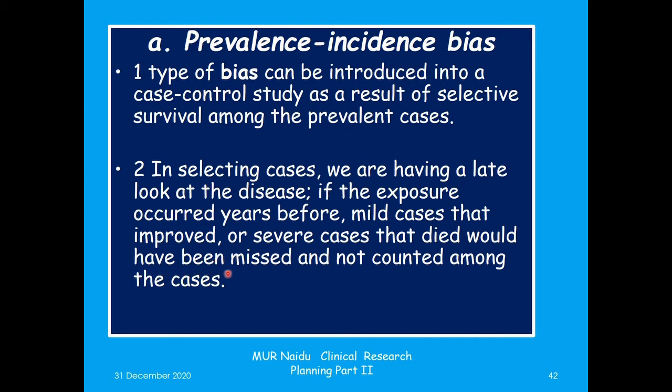We will miss the data of these patients, those who are mild and improved, and the severe cases, those who have died. So this is a typical example of a prevalence or incidence bias which can occur in epidemiological studies. So one should be careful about these types of biases.